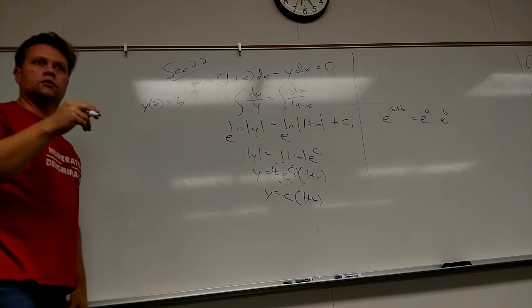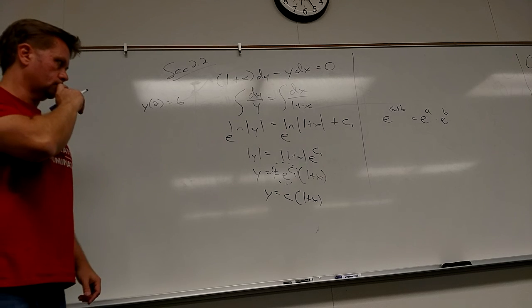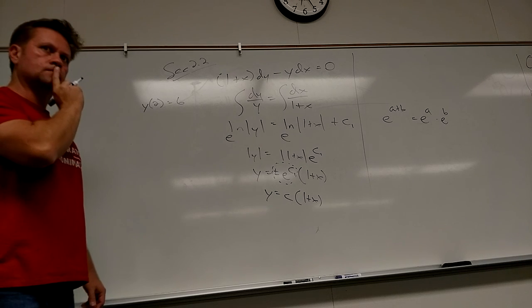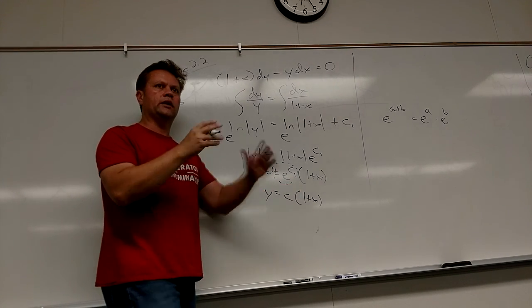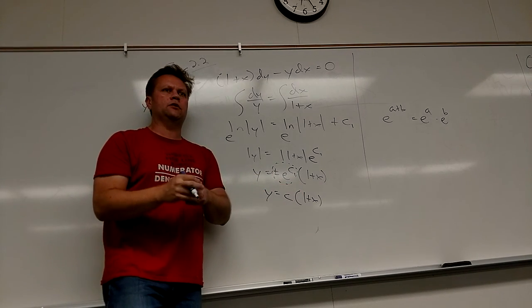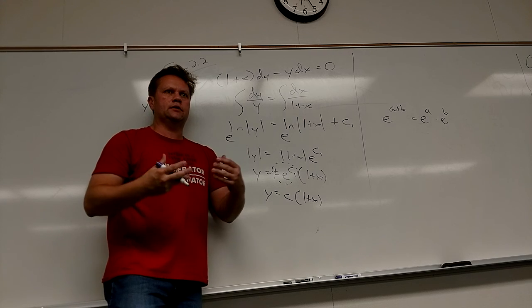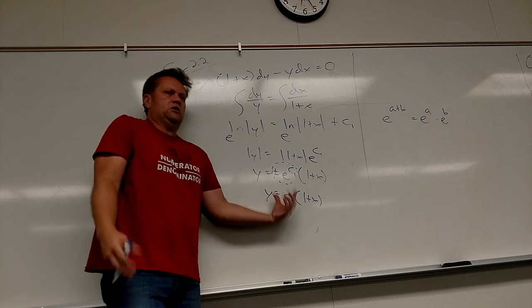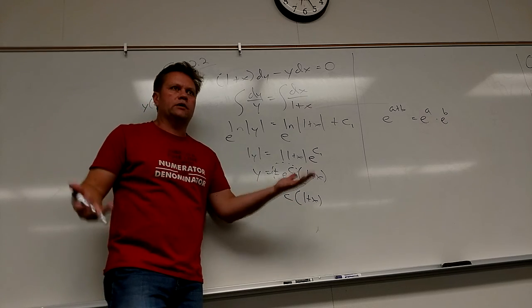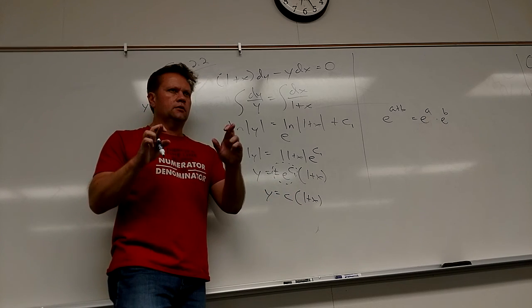Can we go over again why e to the C went to just C? What kind of thing is e to the C1? E to a constant is just a constant. And the plus or minus is still part of the constant. You can make it positive or negative. You have control of your C's.